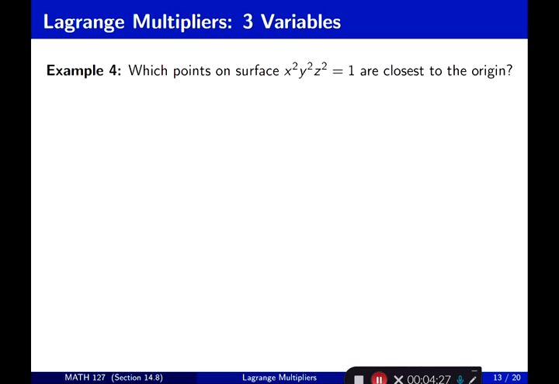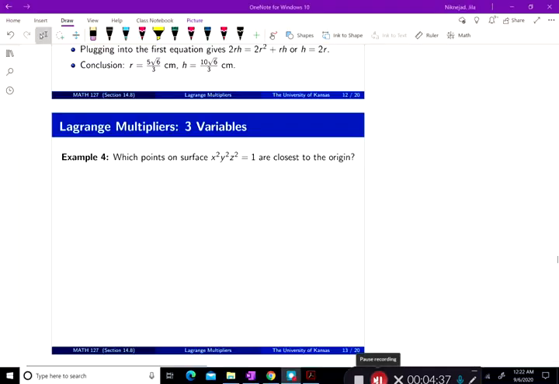Another example: which points on the surface of x squared plus y squared plus z squared equal to 1 are closest to the origin? So this question actually gives you the constraint. This is the surface that you're trying to find a point on, and you want to use the distance formula and optimize it.